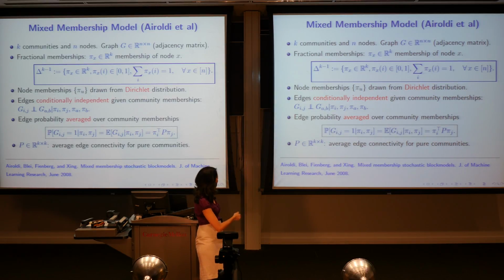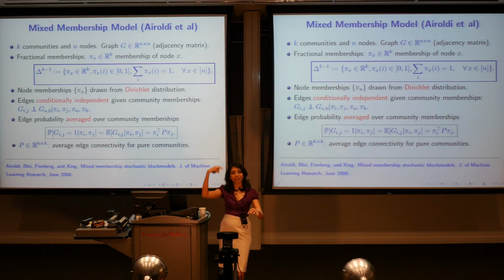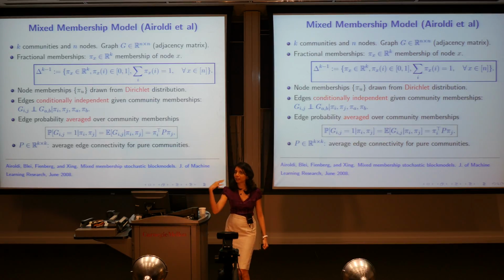So we're going to assume that all the edges are conditionally independent given these community memberships. So again, you can think of this kind of hierarchical model as in the topic setting. In topics, given the proportions of topics in the document, the generation of all the words are conditionally independent. And here, the set of edges are conditionally independent given the community memberships.